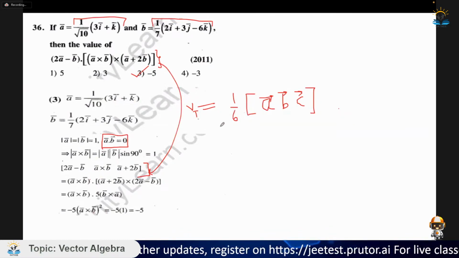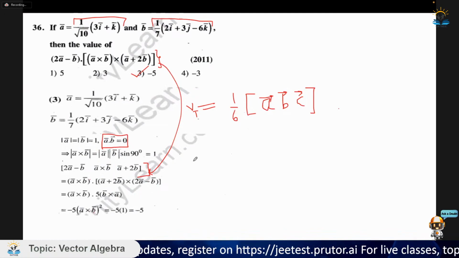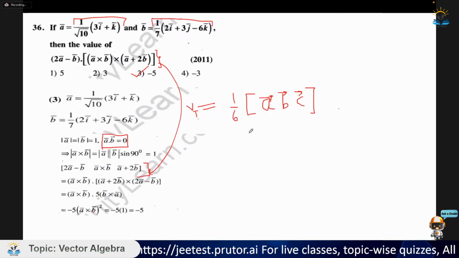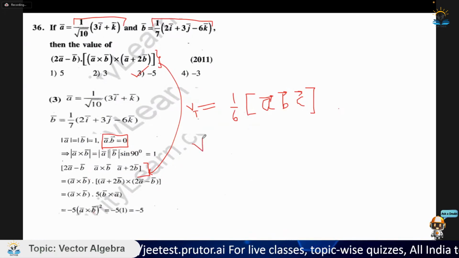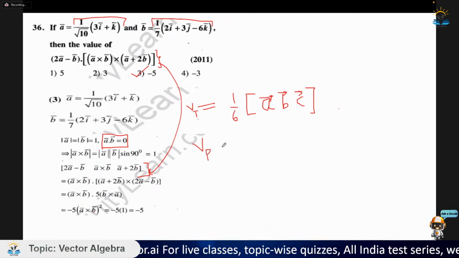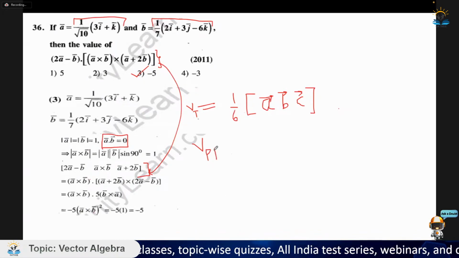And the volume of parallelepiped is the volume of parallelepiped. Don't confuse it with parallelogram, because a parallelogram doesn't have volume. It is a 2D figure.